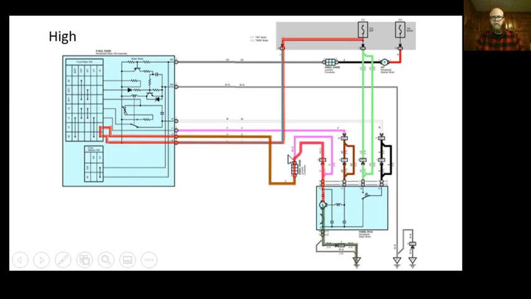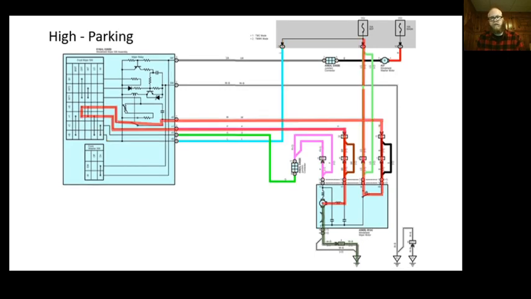So now I've put power through my high-speed field coil, which isn't really any different than the other one. The two coils are just making magnetism around the motor. But now my brushes are lined up so that the armature is tuned to spin as fast as possible, which is real nice because sometimes it rains really hard and I want the water to go away fast. When I go to park, that park circuit's going to be the same, and we revert back to that low-speed circuit.